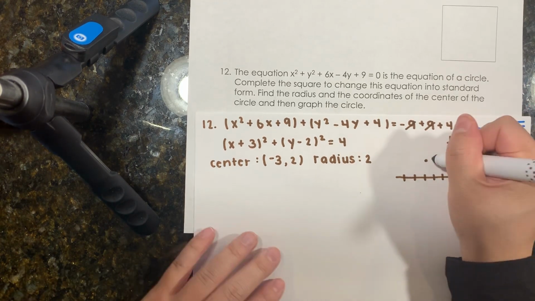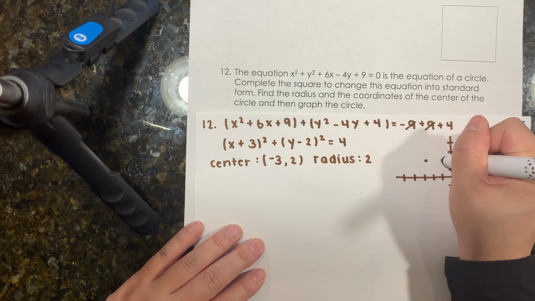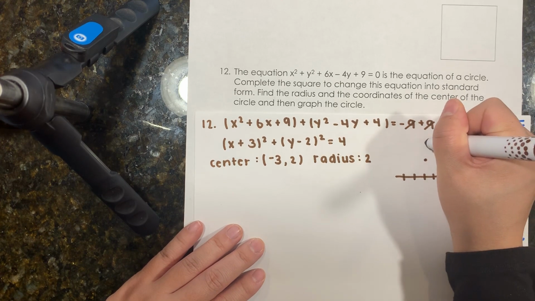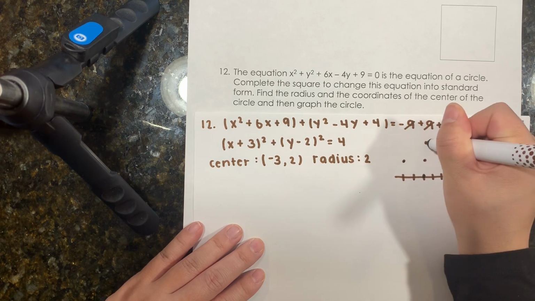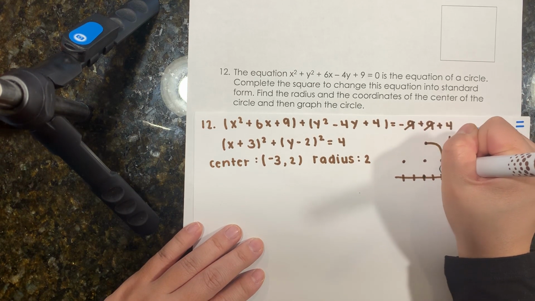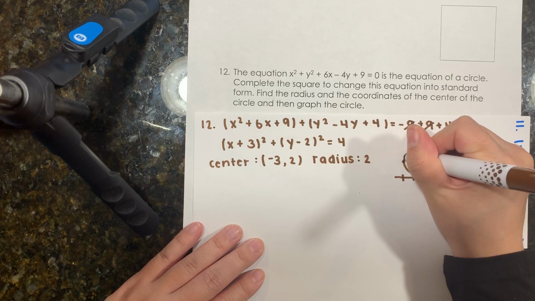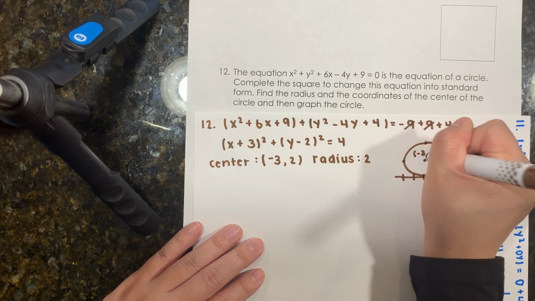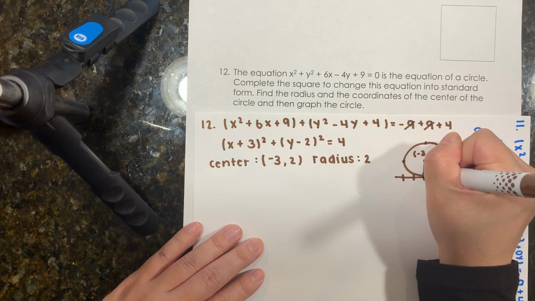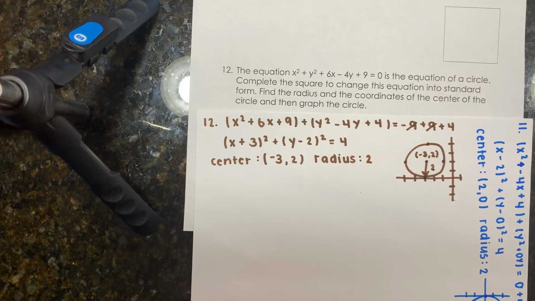My radius is 2. So from the center, you go to the right 2, you go up 2, you go down 2, and you go to the left 2. And then you just need to connect your dots. Now the coordinate of the center of my circle was negative 3 comma 2, and my radius is 2.